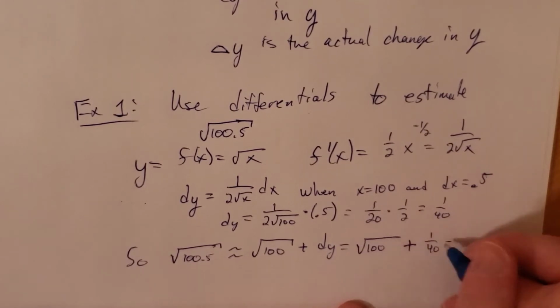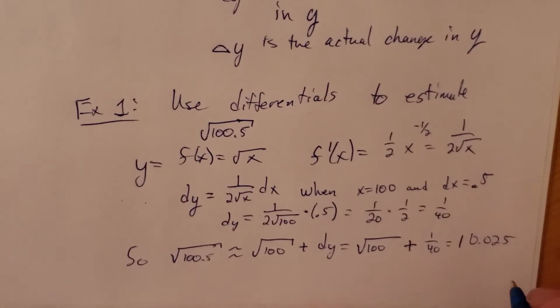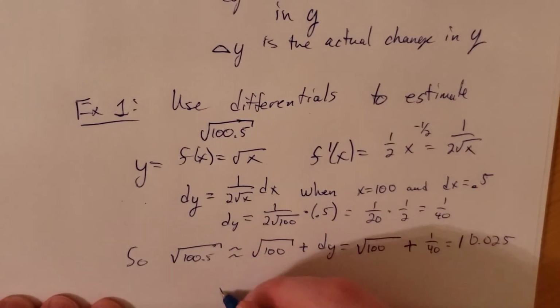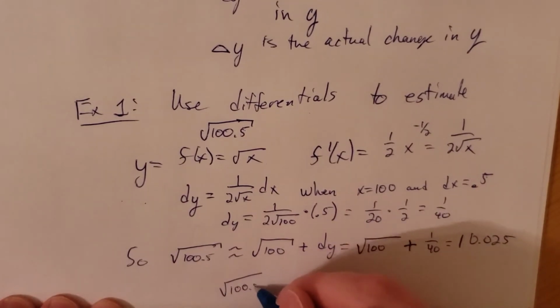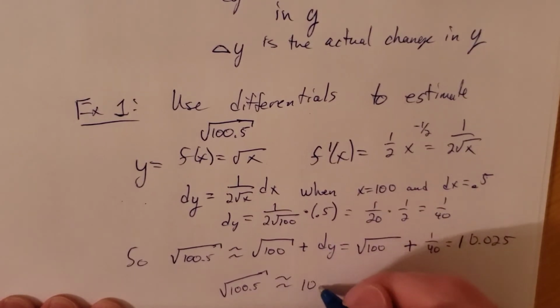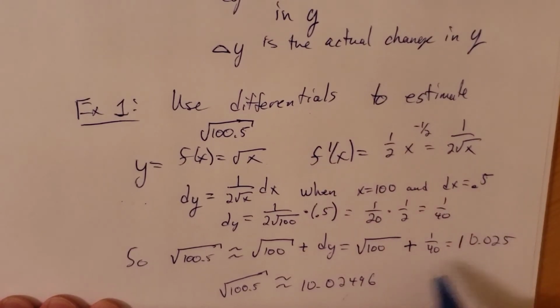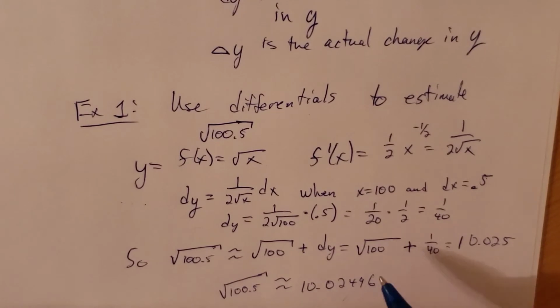So we get 10 plus 1 over 40, which is 10.025. And now if we compare this to the actual value of the square root of 100.5, this is approximately 10.02496. So we see that we can get pretty close with this differential, with this idea of linearization, or really in this case, we're using differentials.